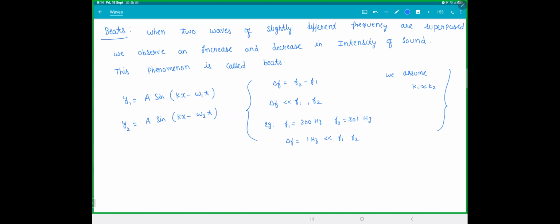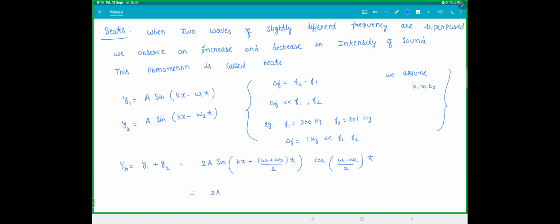Now, when you try to solve this problem, when you add them, the resultant y_R you get is 2A sine(Kx minus (omega1 plus omega2)/2 into t) cos((omega1 minus omega2)/2 into t).